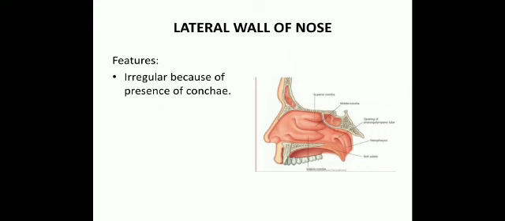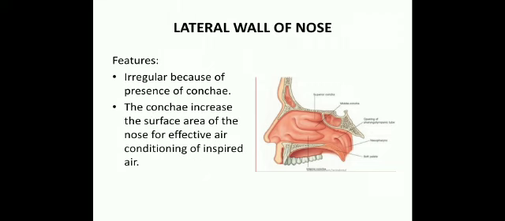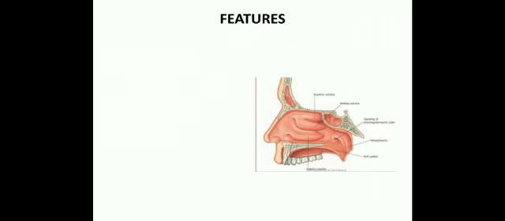The lateral wall of the nose is irregular because of the presence of conchae. The conchae increase the surface area of the nose for effective air conditioning of the inspired air.